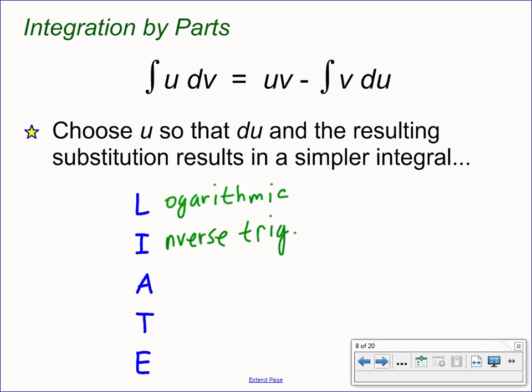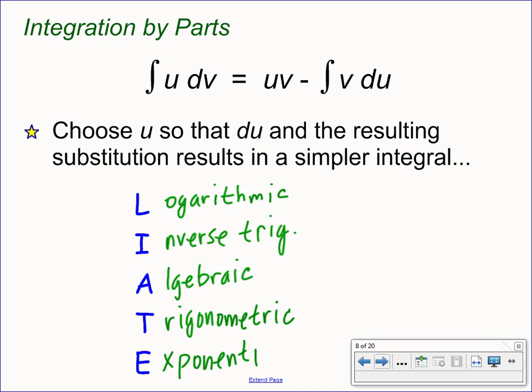The A stands for algebraic functions like x squared or root x, and all those are algebraic functions. Next down on the list is trigonometric functions like sine or cosine. And last on the list are exponential functions.